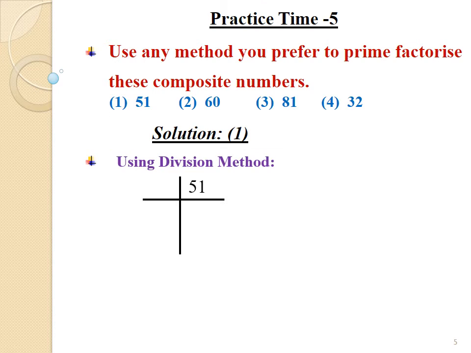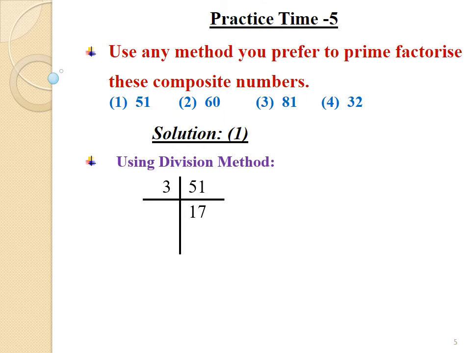As 5 plus 1 equals to 6, 6 is divisible by 3. So, 51 is also divisible by 3. Thus, dividing 51 by 3, we get quotient 17, which we have to write below the dividend 51. Now we have to divide 17.